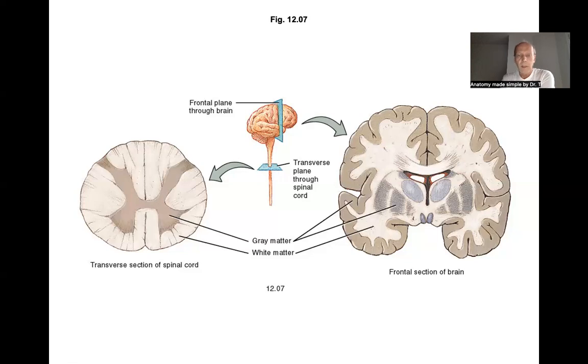We know right away that where we see slightly darker coloration of brain or spinal cord tissue, the gray matter, we immediately draw the conclusion that it is more heavily populated by bodies of neurons and dendrites.